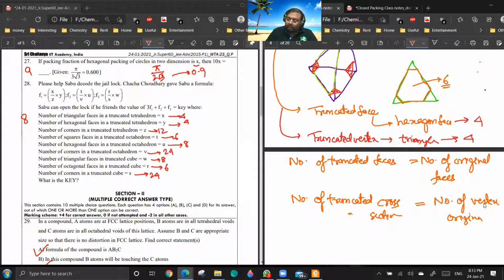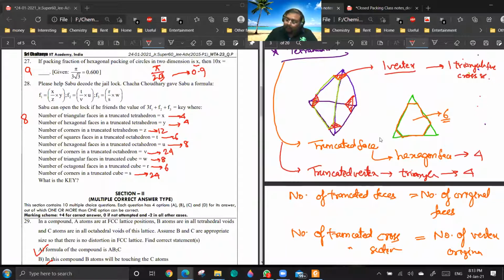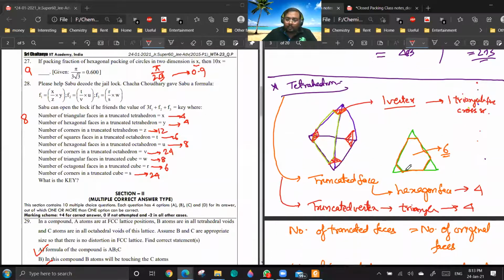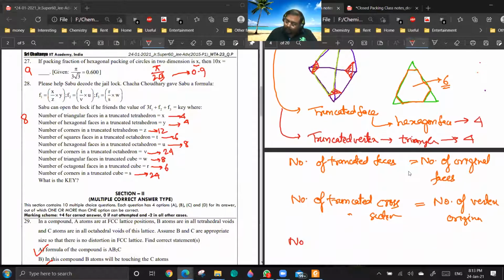Now the third thing they are asking is the number of corners. When you are truncating, one vertex is replaced by 3 corners. So the number of truncated vertexes will be equal to the number of original vertexes.